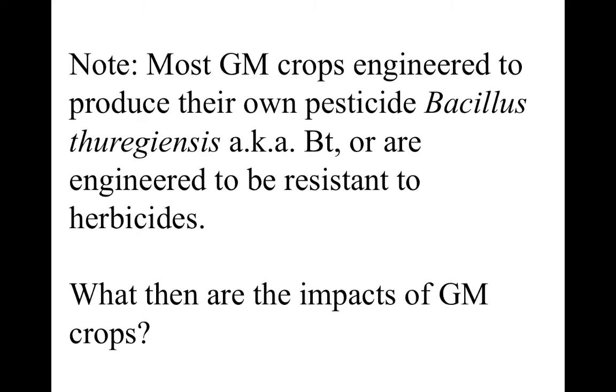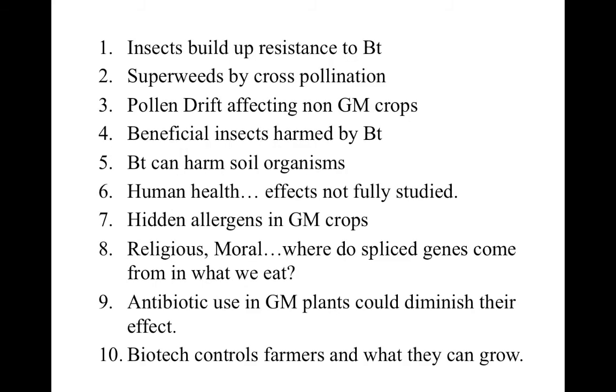So then, what are the impacts of genetically modified crops? Here is the example of BT. Insects could build up a resistance to BT, meaning the GMOs will not be effective anymore, and you'll be going back to using pesticides anyway.